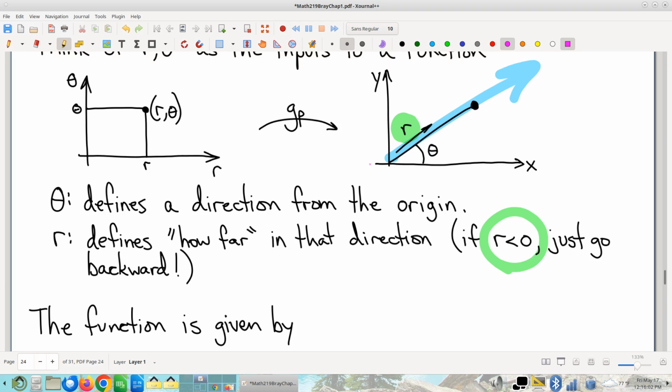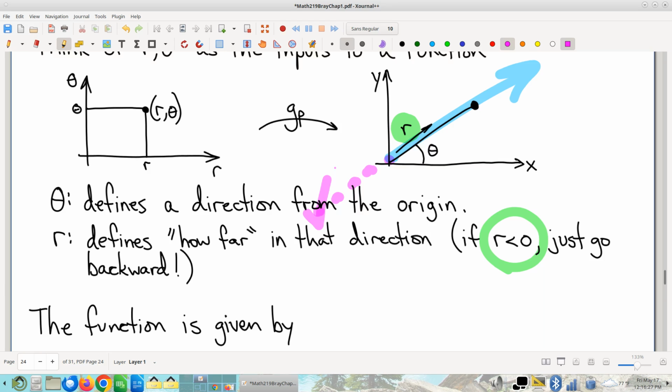Well, negatively just means go backwards. There's nothing weird about that. It's perfectly legal for r to be negative. I am very aware that a lot of y'all have been told by high school math classes that r is required to be positive. They made that up. In general, r is perfectly allowed to be negative.